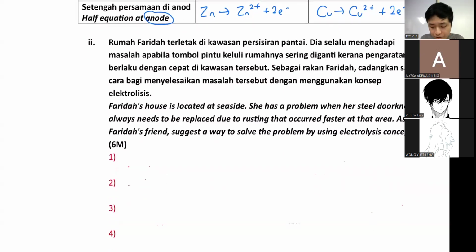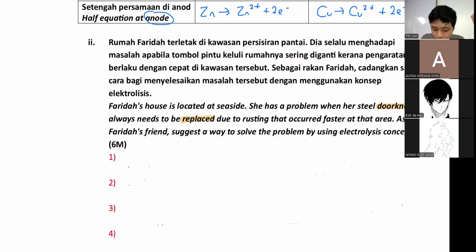Farida's house is located at the seaside. She has a problem: her steel doorknob always needs to be replaced due to rusting that occurs faster than in other areas. Normally in class we talk about this because we're nearby the seaside. Seaside means it contains seawater, and seawater contains a lot of salt. Salt water can increase the rate of rusting.